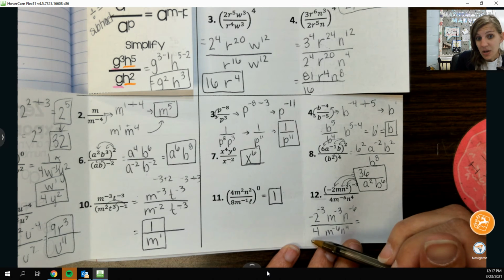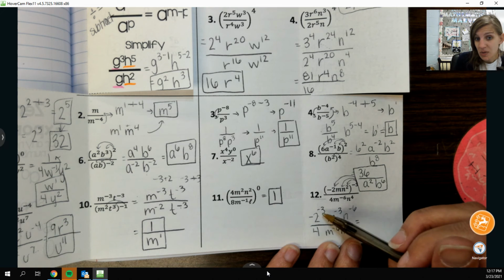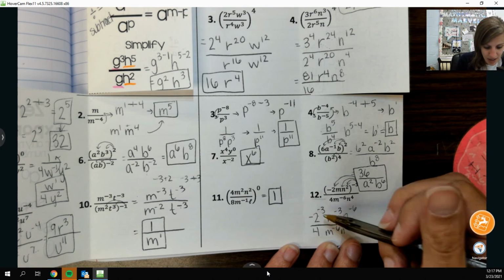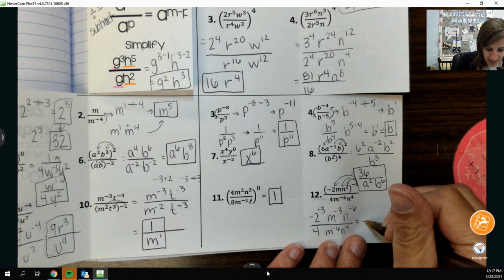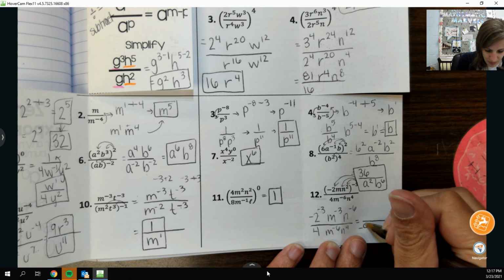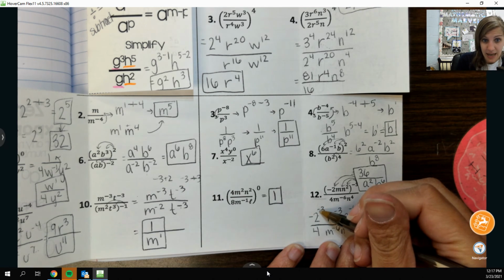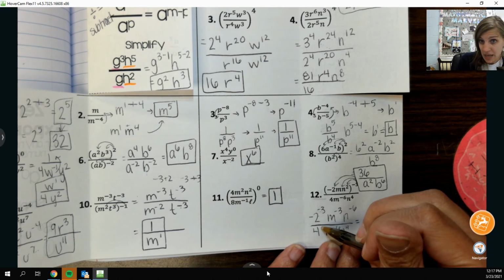So since these bases aren't the same, I'm just going to do negative 2 to the third and then move it to the bottom because it's negative. So negative 2 times negative 2 times negative 2 is negative 8. And the negative 8 needs to go to the bottom because this exponent is negative, so it needs to move. Now the 4 stays put because it has a positive exponent.